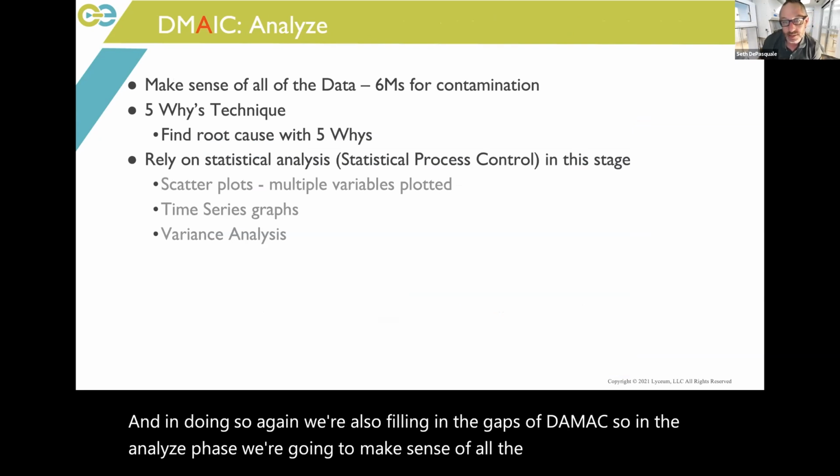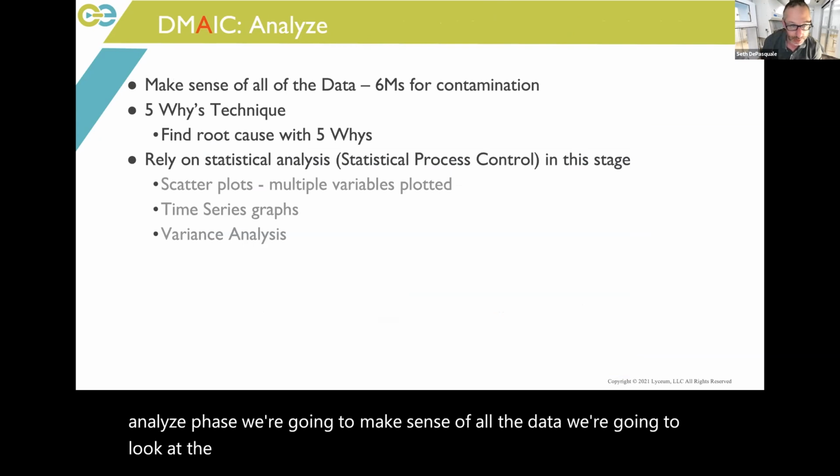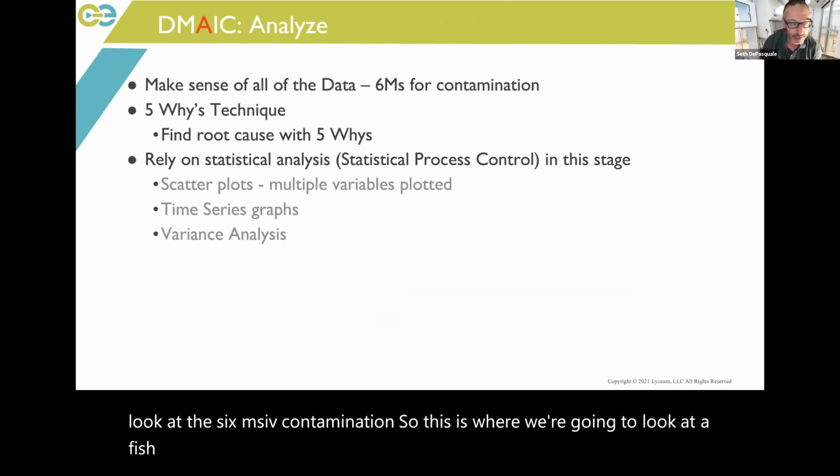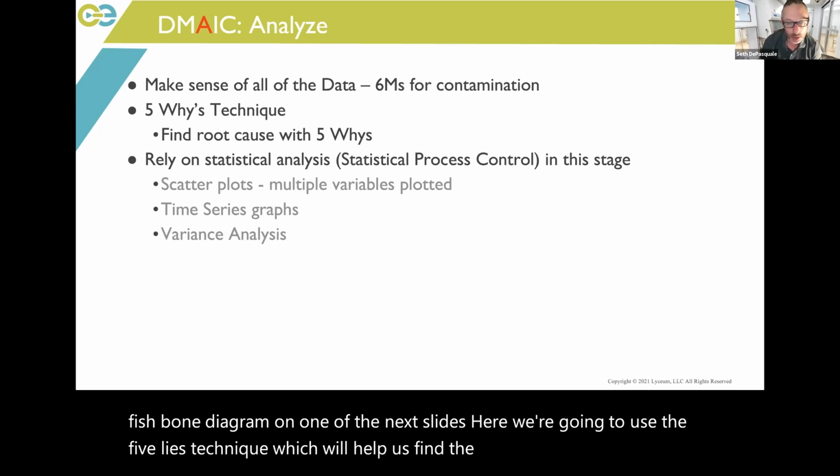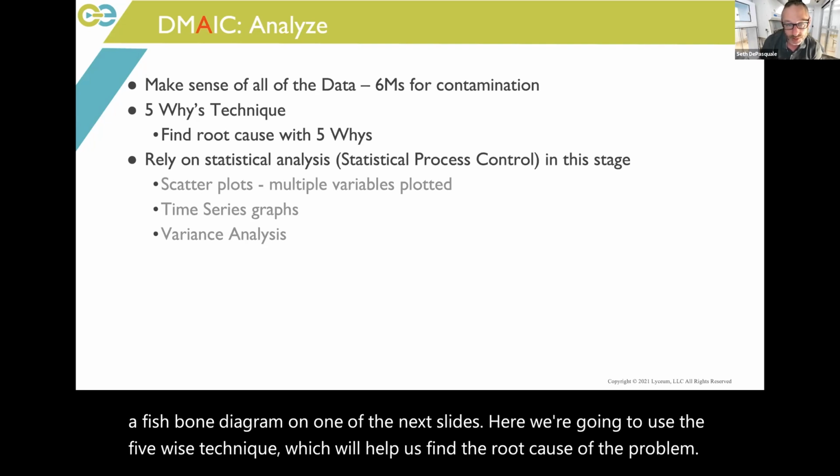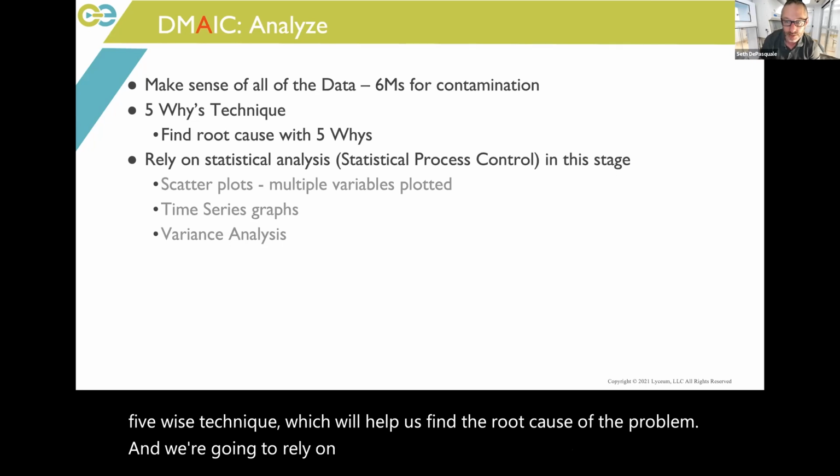We're going to look at the 6 M's of contamination, so we'll look at a fishbone diagram on one of the next slides. We're going to use the 5 whys technique, which will help us find the root cause of the problem. And we're going to rely on statistical analysis, statistical process control, in this stage.